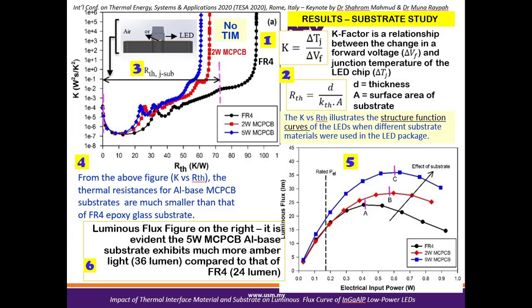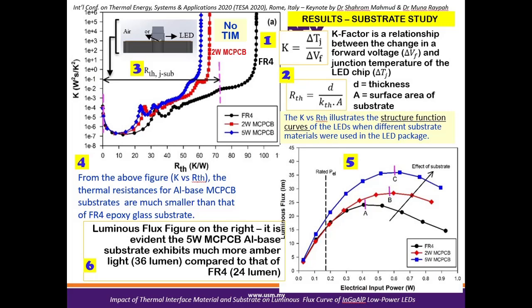For example, the black curve corresponds to the FR4, the epoxy glass substrate sample. The onset occurs at about 95 Kelvin per watt of the RTH, whereas the other samples which use aluminum metallic substrate, the blue and red curves, have RTH value or the onset at around 66 and 60.